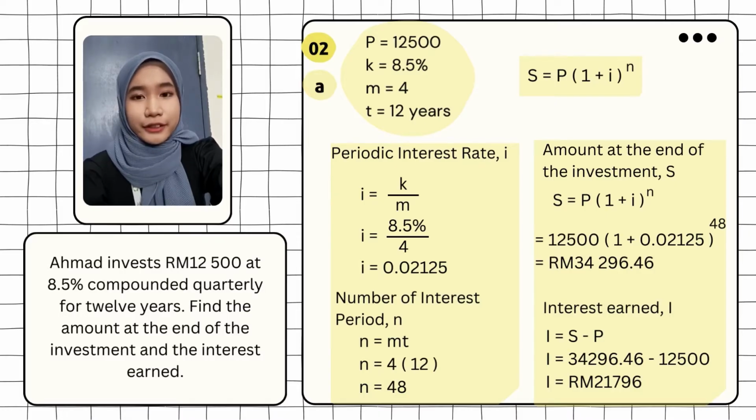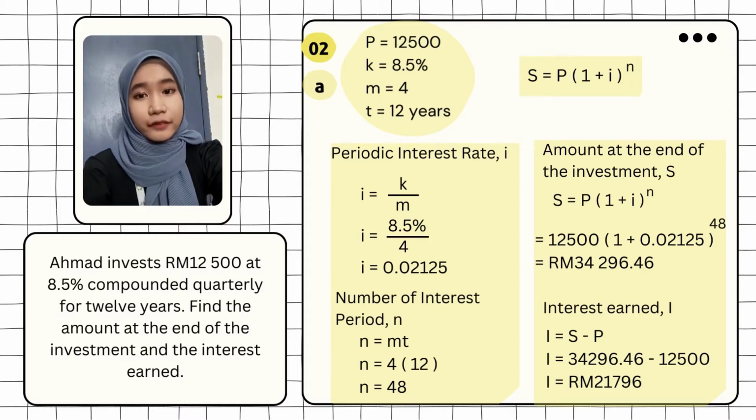We are going to use the formula S equals P(1 + i)^n, where the periodic interest rate i equals k divided by m, which is 8.5% divided by 4 equals 0.02125, and n indicates the number of interest periods, where n equals mt, which is 4 multiplied by 12 equals 48.